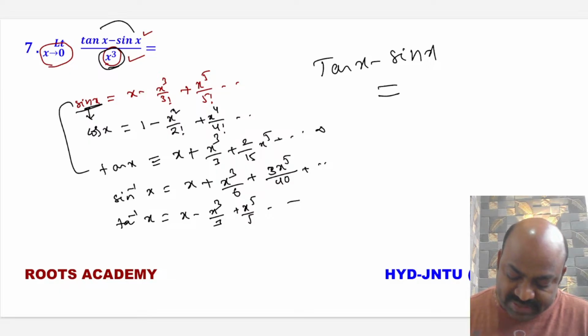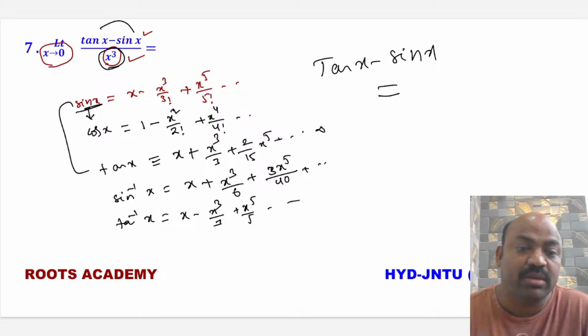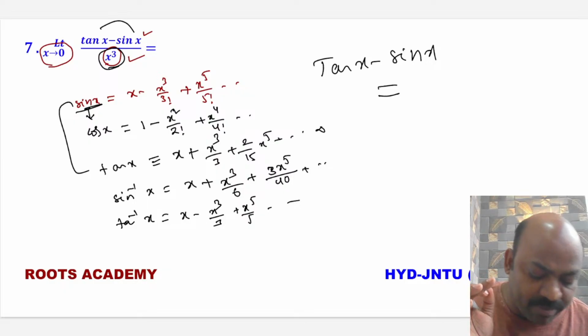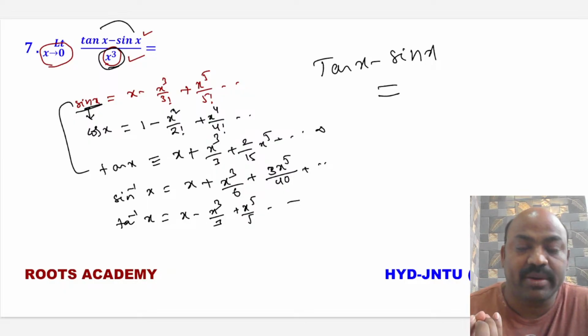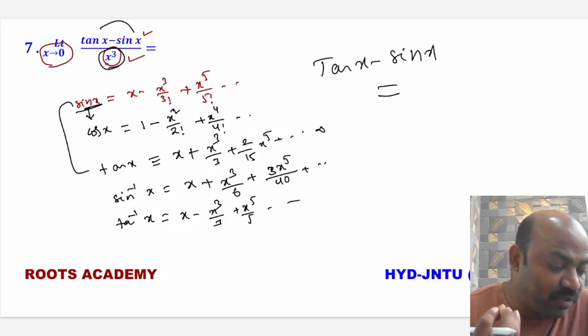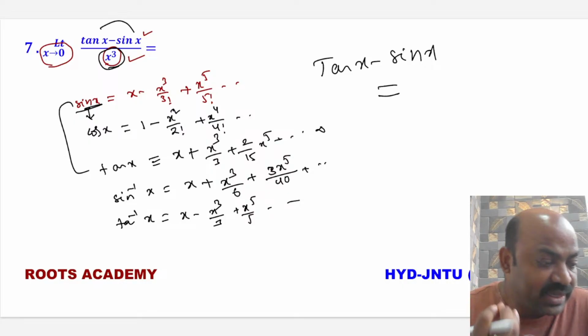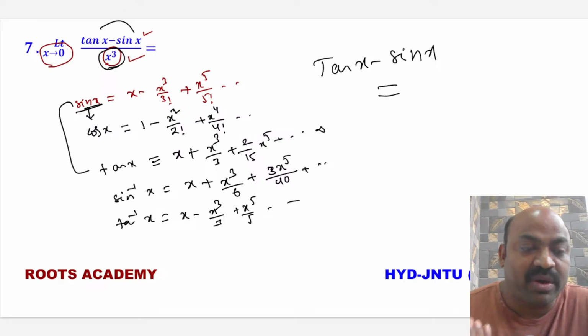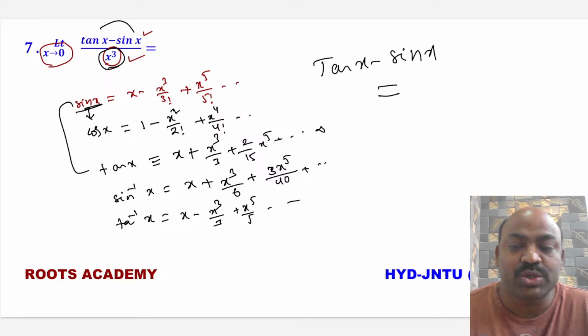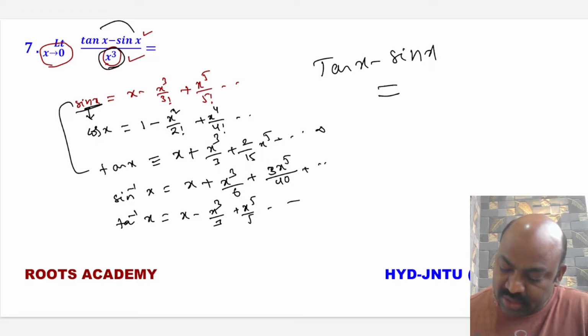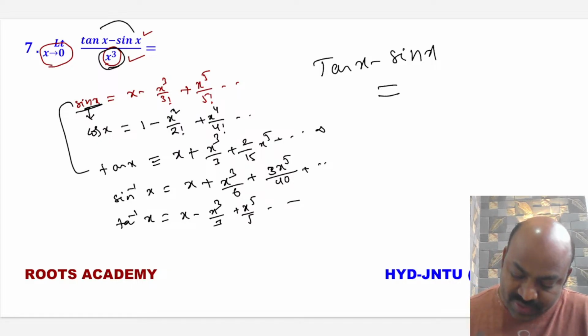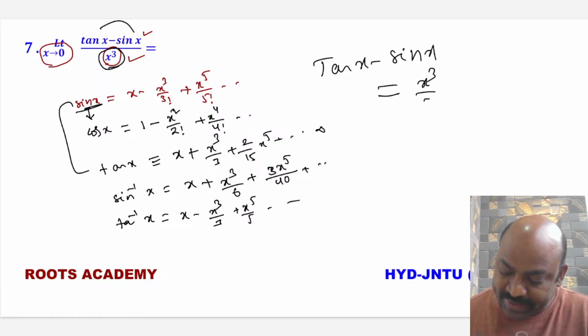So, x, x gone. Sir, till which power do I have to remember? The beautiful thing is, you can write till whatever power is there in the denominator. So what is the power you have in the denominator? x cube. So you can write up to x cube in the numerator. When I take the difference, x gone, then what I will get? x cube by 3 plus x cube by 3 factorial.